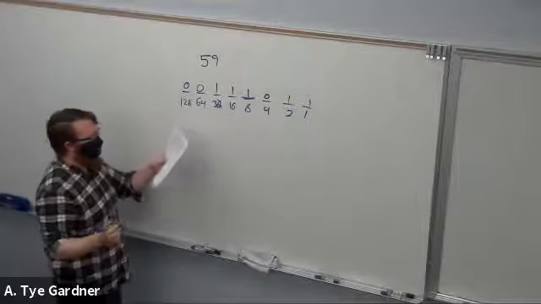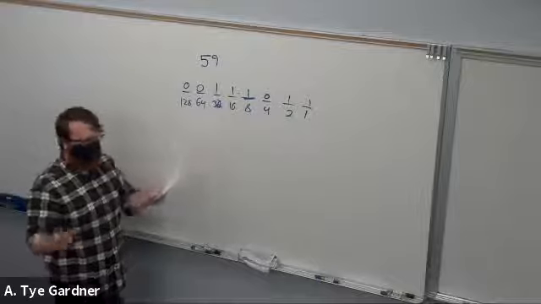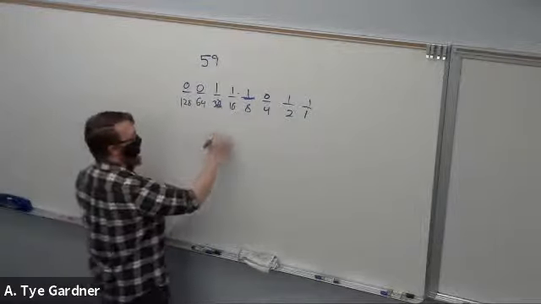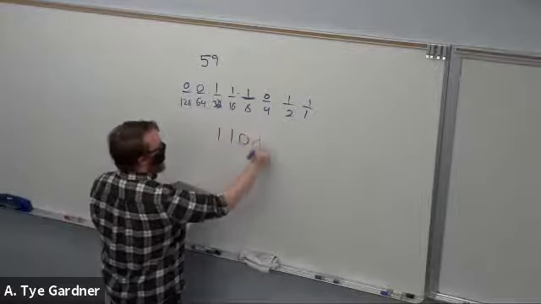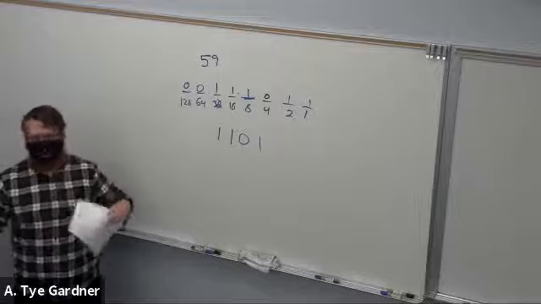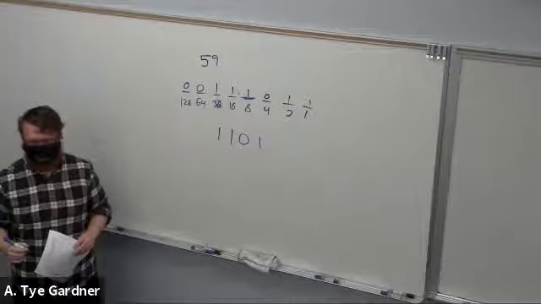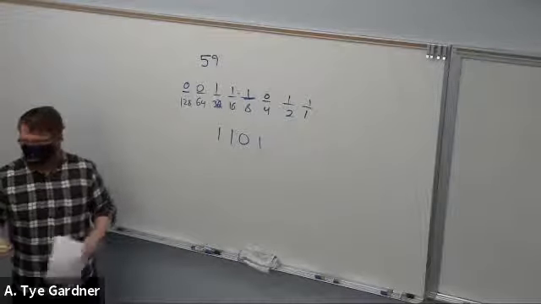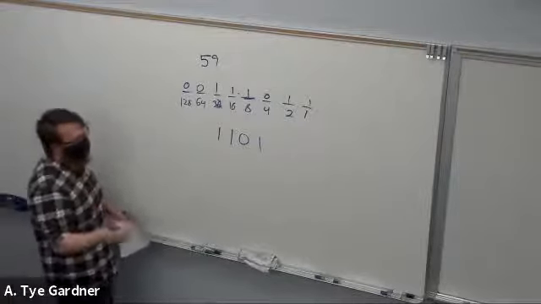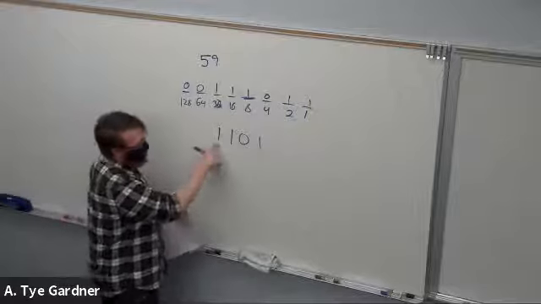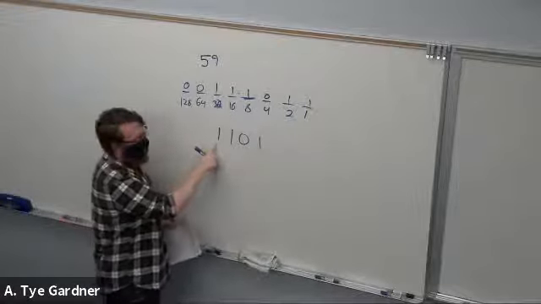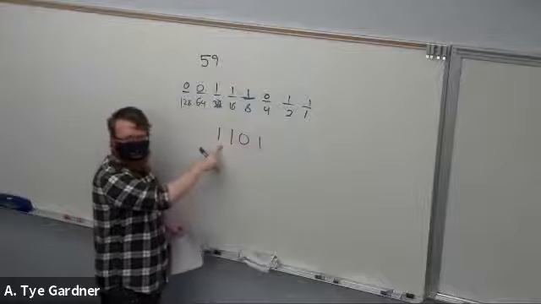I could do the same type of thing with 2's complement numbers. If I say, here is this 4-bit 2's complement number, what is it in decimal? Remember, the first bit in 2's complement is negative, and it's negative the value that it's at.